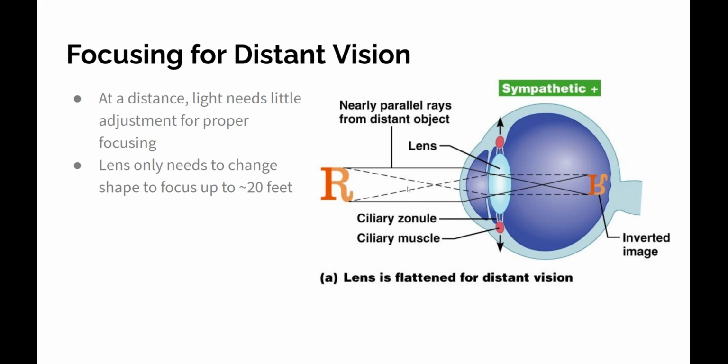If it's much closer, then the angles are much sharper. But at this distance, the light coming into your eye is pretty much parallel in order to get focused on here. So it doesn't really need to change a whole lot once the lens is flattened out like that.